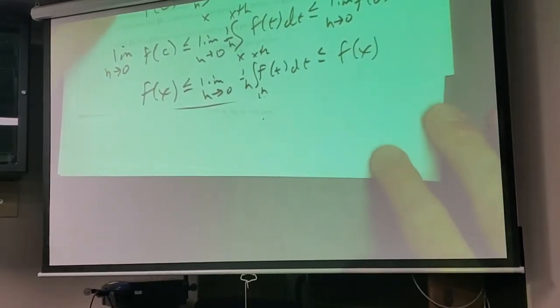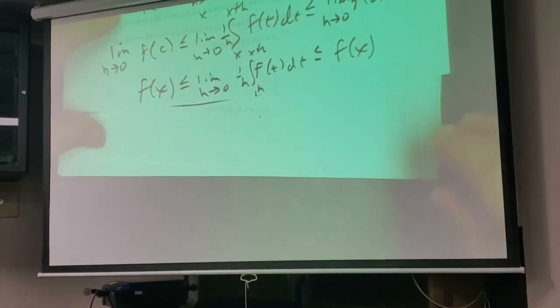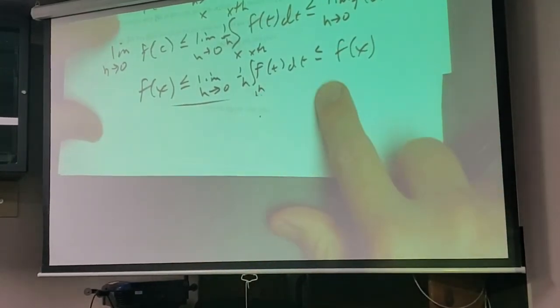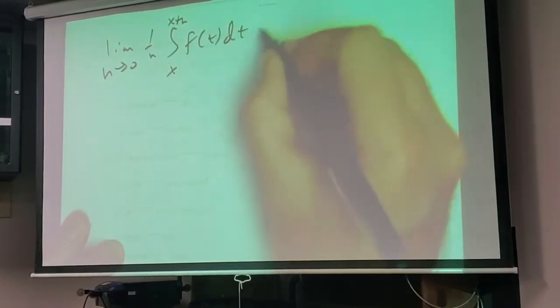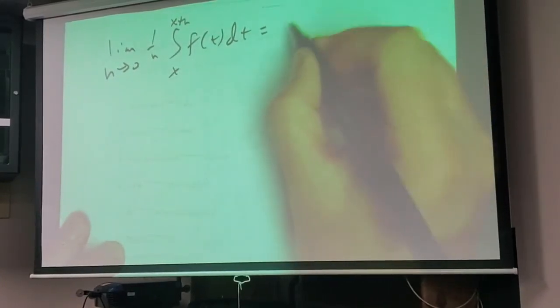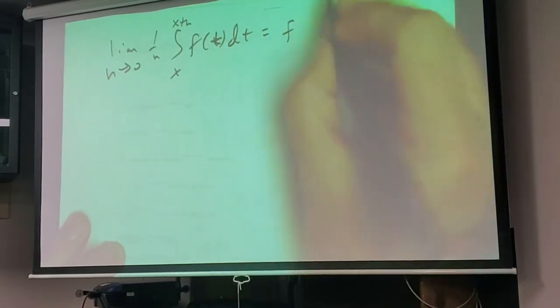Okay, so let's come back up. So here's what we just figured out, because you're all like, I don't know what we just did. We just figured out that the limit as h goes to 0 of 1 over h integral from x to x plus h, I'm giving a running commentary, equals f of x.